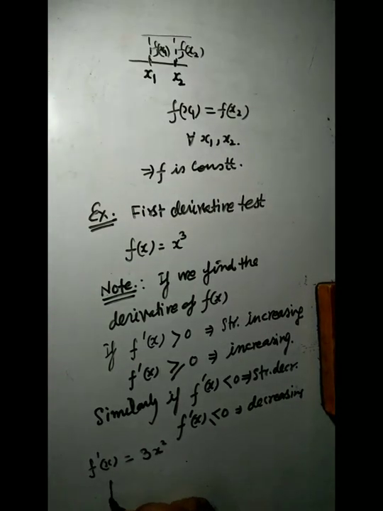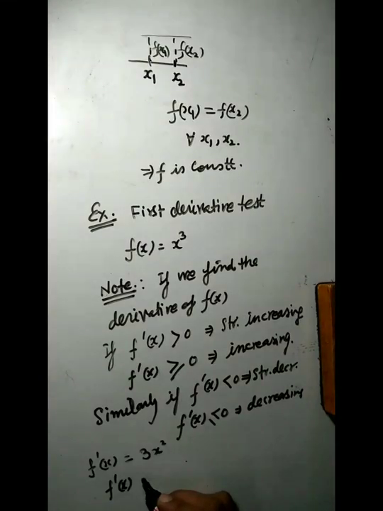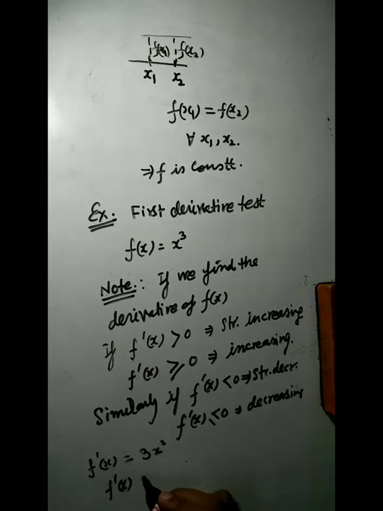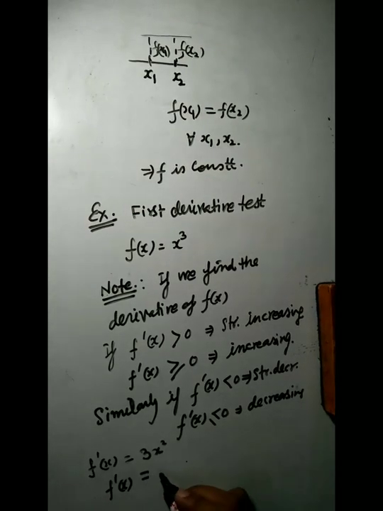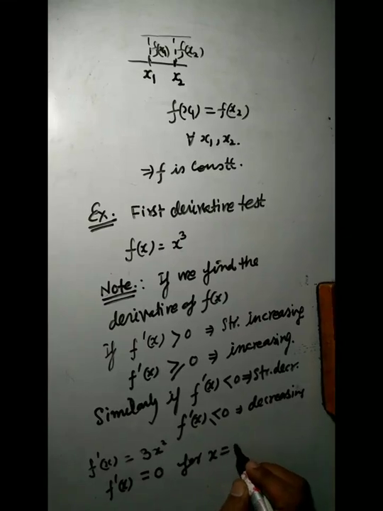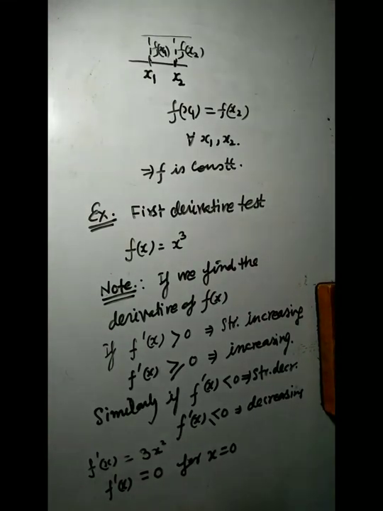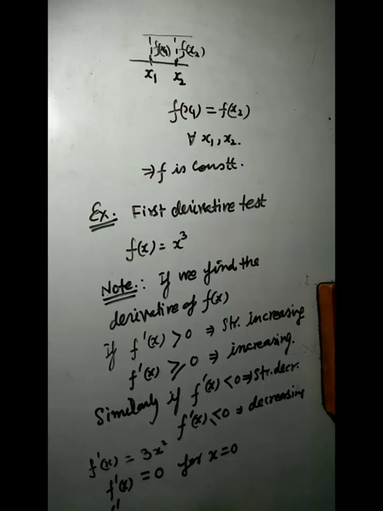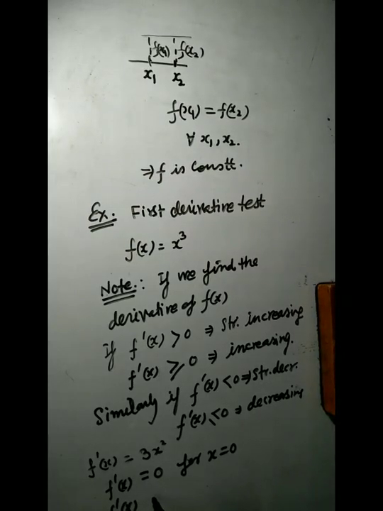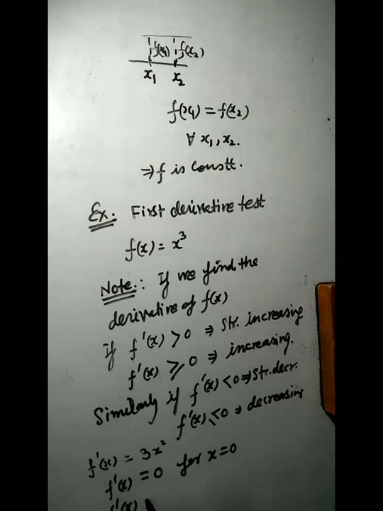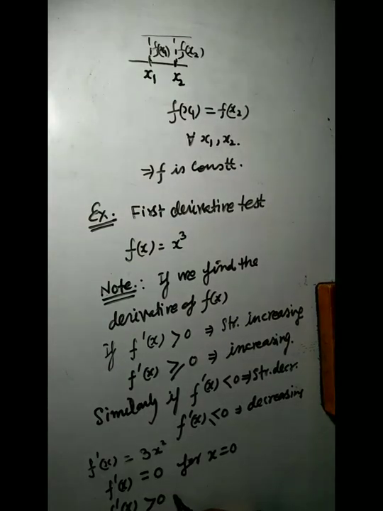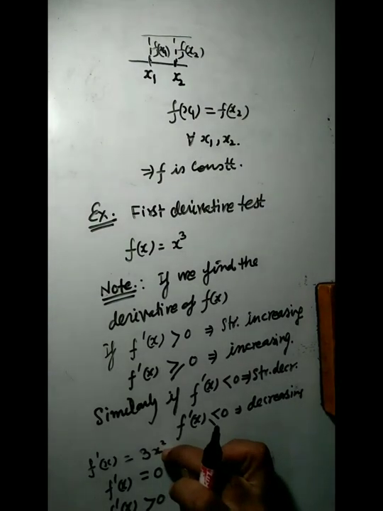We can check f dash x is equal to 0 for x equals 0, and f dash x is greater than 0 if x is less than 0, because this is quadratic.